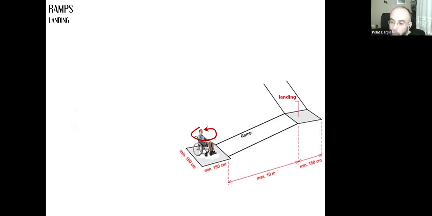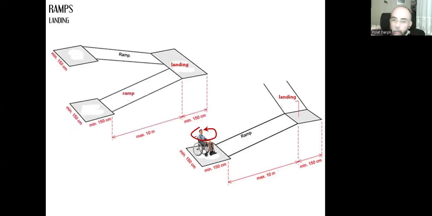We need to provide that person a chance to catch their breath for a while. It doesn't matter if it's a U-shaped or an L-shaped ramp or a straight run ramp. After 10 meters, we need to provide a landing of at least 150 centimeters. That's the same for the U-shape, L-shape, or a straight run, because 10 meters is the limit for their power.